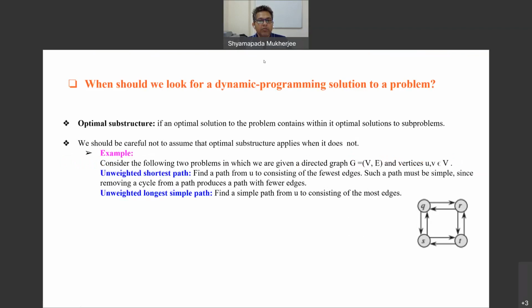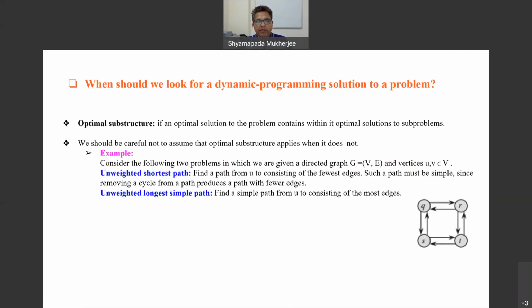So first we will try to understand when should we look for a dynamic programming solution to a problem. As already we have discussed, there are two main characteristics one optimization problem must have to apply dynamic programming. One of them is optimal substructure property.